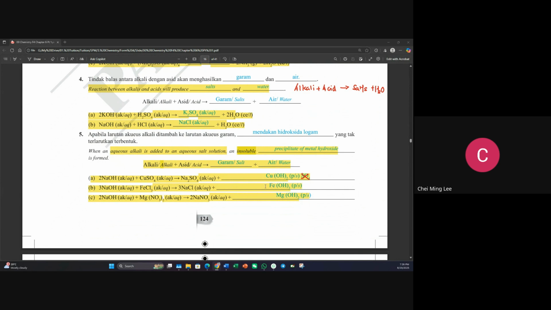Okay, this one is wrong, I think. It's actually alkali with salt.